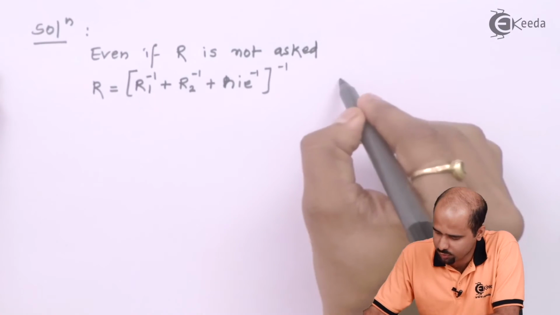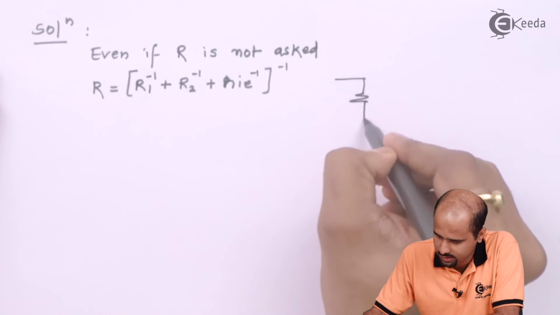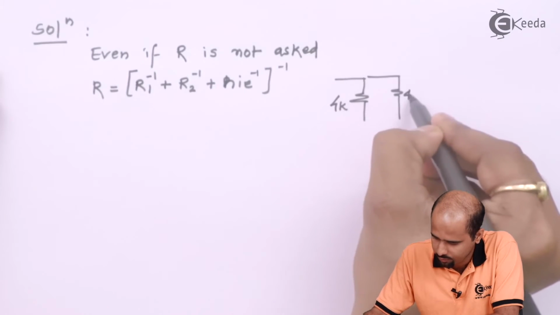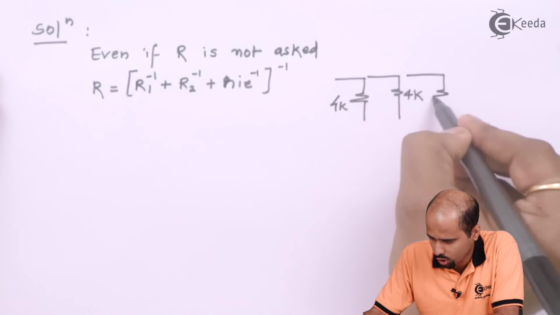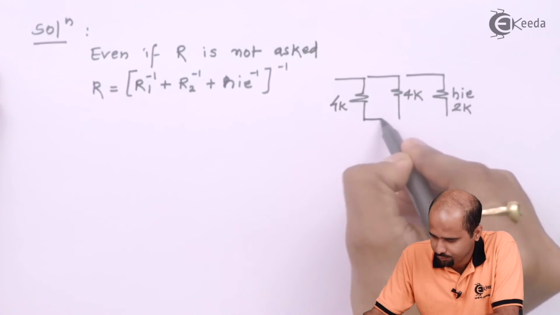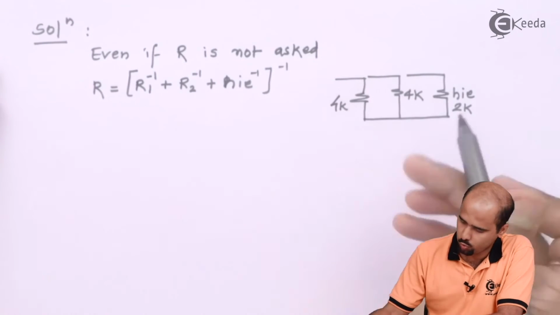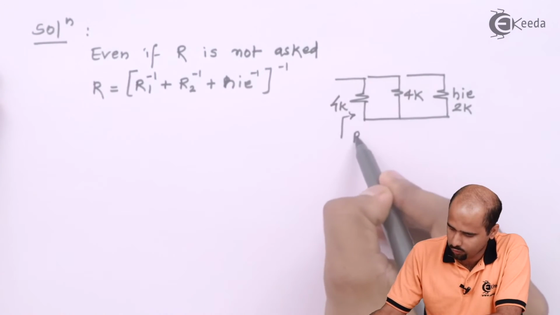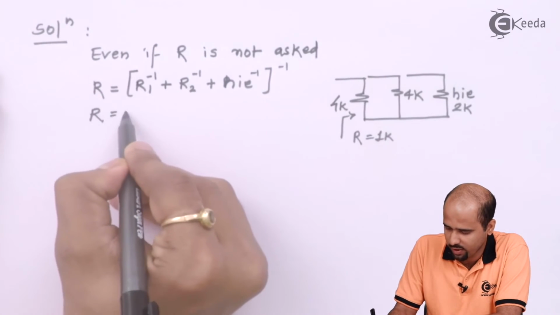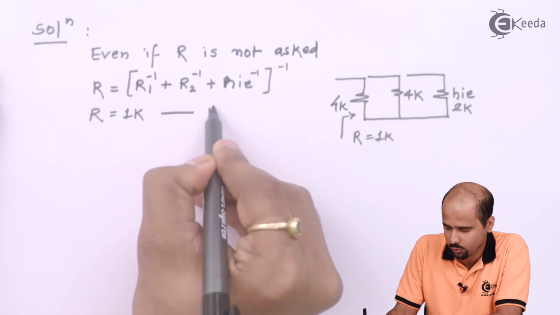I will draw this equivalent circuit over here: this is 4K, this is 4K, and this is HIE having value 2K. With this I get the value of R equal to 1K. So I write R is 1K, that is equation number 1.